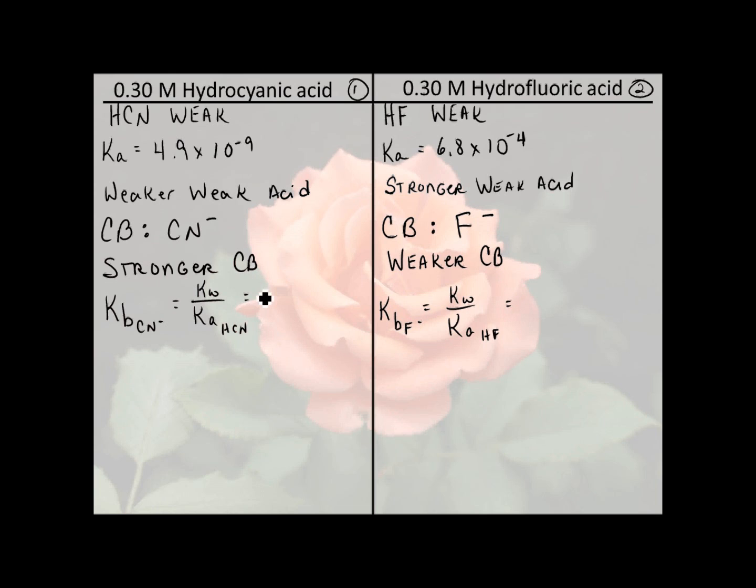At 25 degrees Celsius, Kw is 1.0 times 10 to the negative 14. 1.0 times 10 to the negative 14 divided by 4.9 times 10 to the negative 9 is going to give 2.0 times 10 to the negative 6 for the hydrocyanic acid. 1.0 times 10 to the negative 14 divided by the Ka of the hydrofluoric is going to give me 1.5 times 10 to the negative 11.